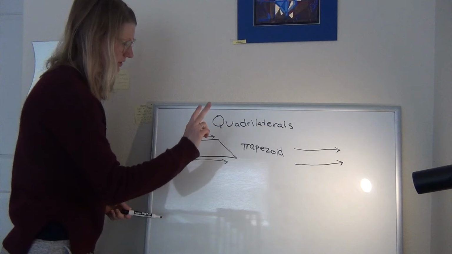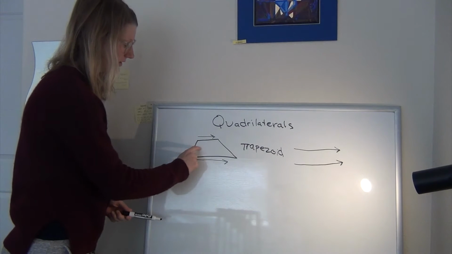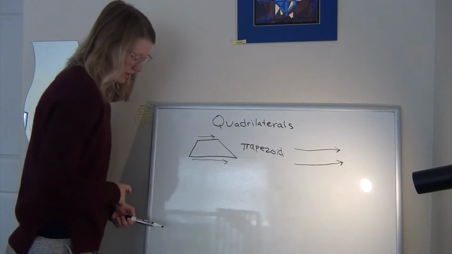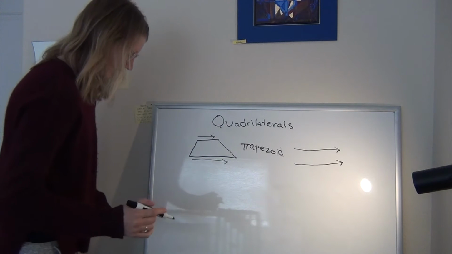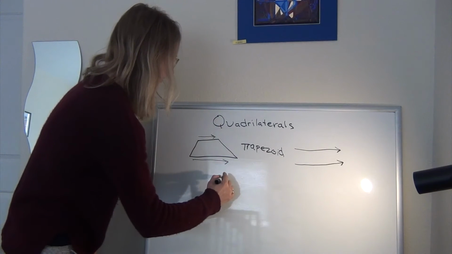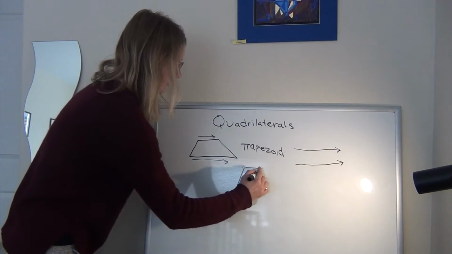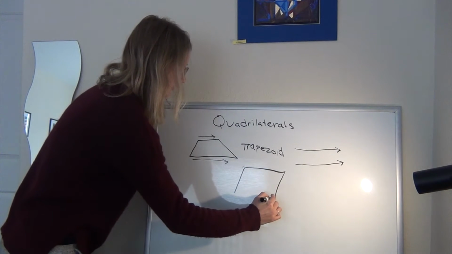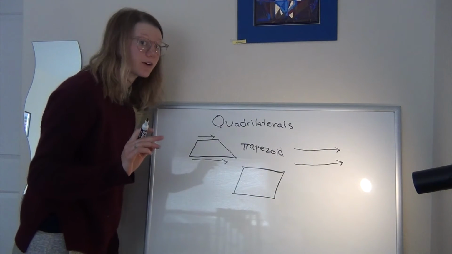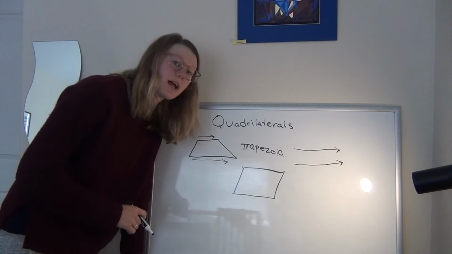So a trapezoid has one pair of parallel sides, but are these sides parallel? No. So that's a trapezoid. We also have something called, anybody know what this is? It's not a rectangle, it's a parallelogram.